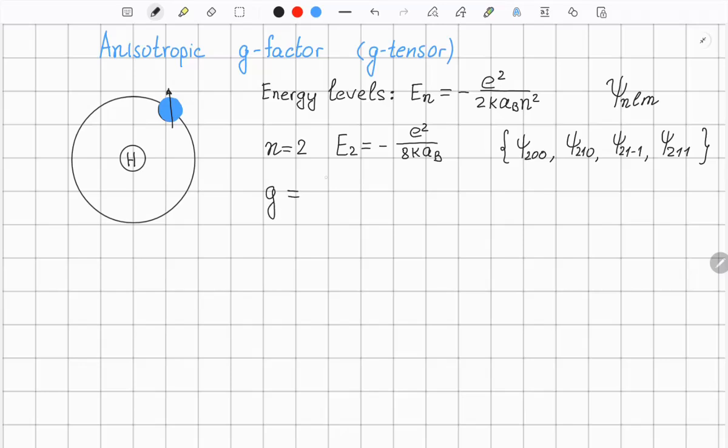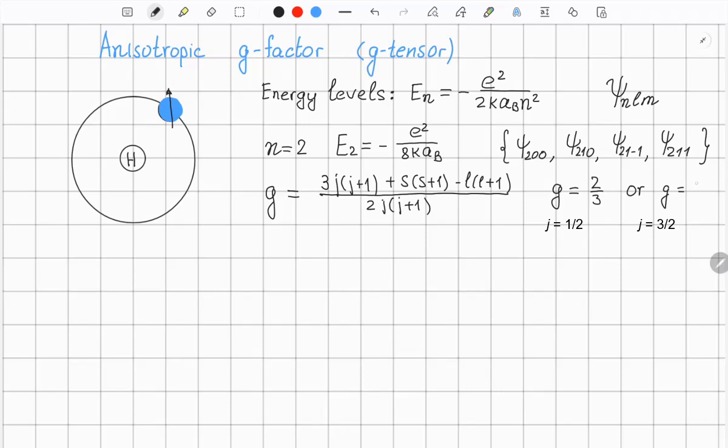And using the formula obtained above, we obtain g equal 2. If we take l equal 1, then depending on whether the total angular momentum J is equal 1/2 or J is equal 3/2, the g factor becomes 2/3 or 4/3, respectively.